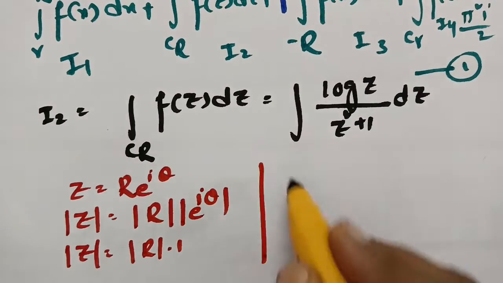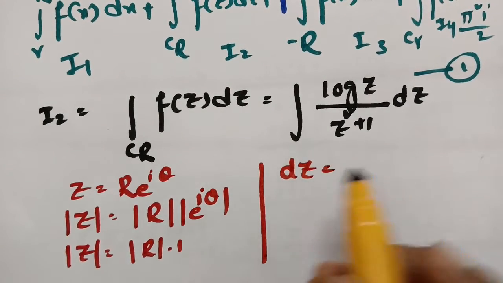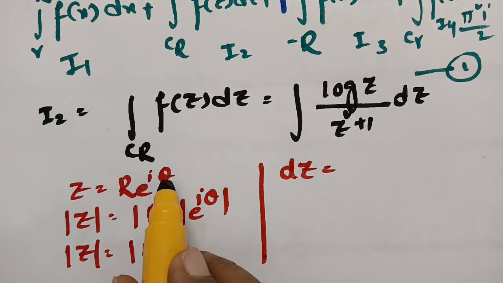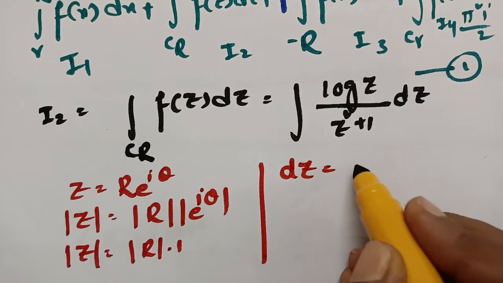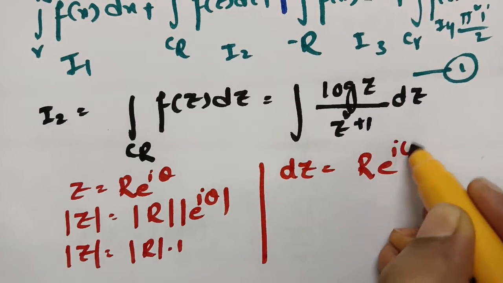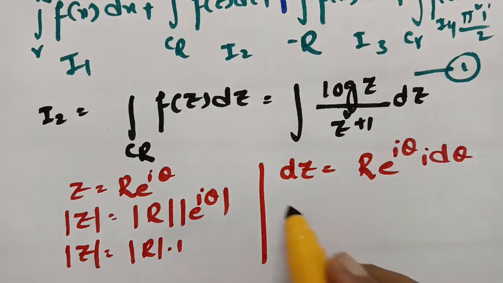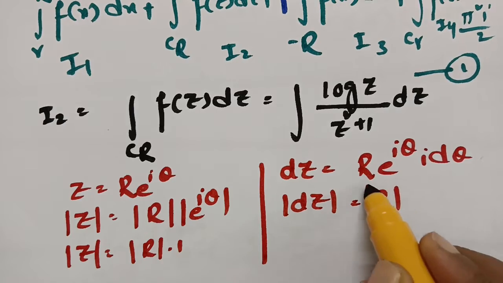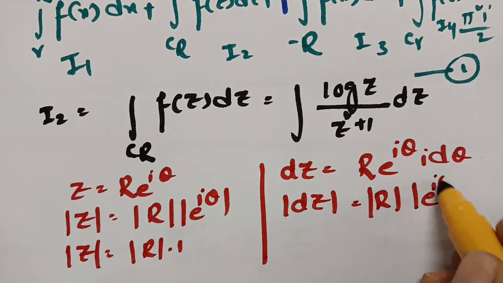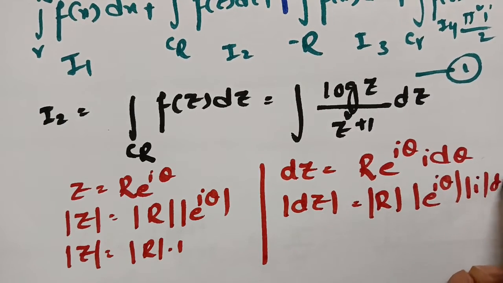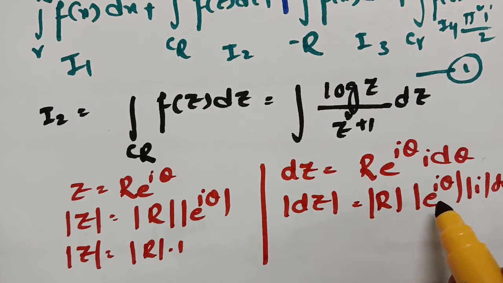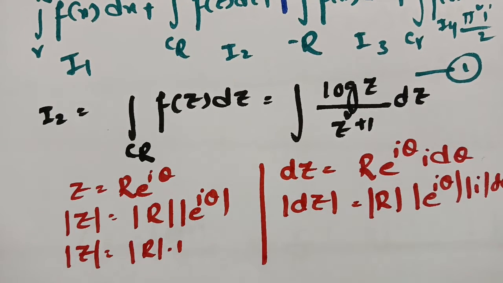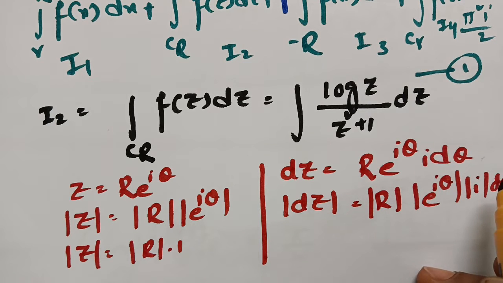And the next thing here is dz. When z is equal to r into e^(iθ), what is the derivative? It is r e^(iθ) into i into dθ. Again, if I take the modulus, this is mod r, then the modulus of e^(iθ), then i into dθ. Remember, e^(iθ) is nothing but the modulus of cos θ plus i sin θ, which is root over cos² θ plus sin² θ, which is 1.